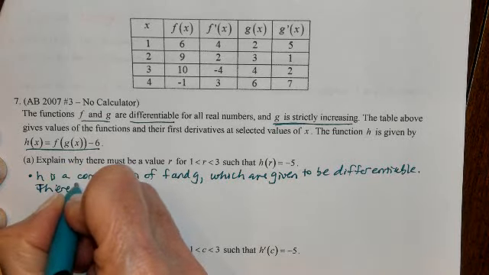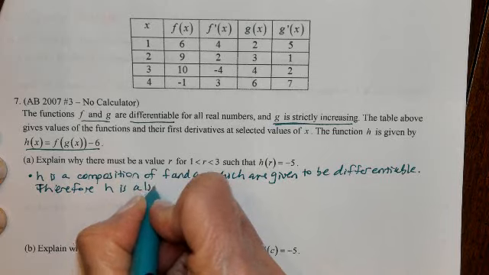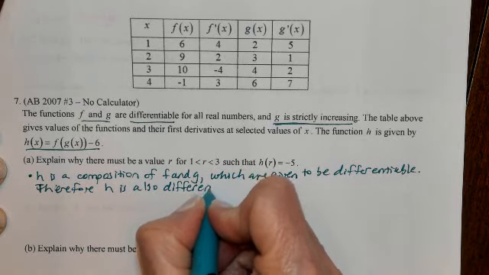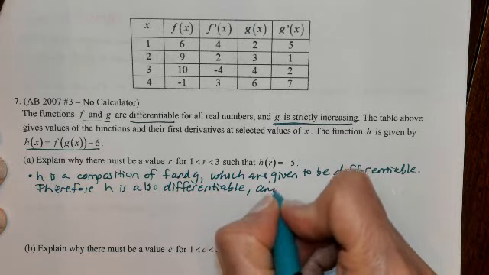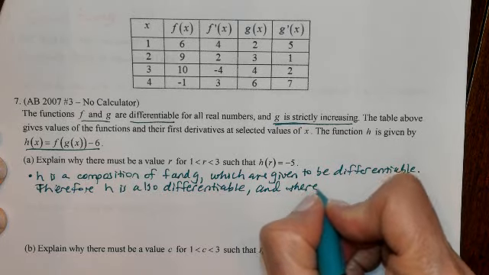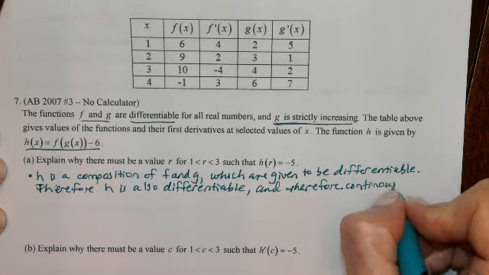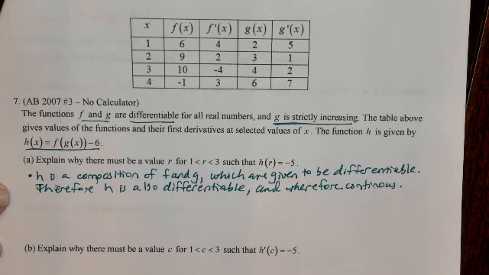Therefore, h is also differentiable. And therefore continuous. And of course you can word that differently, but get your point across. State why in an intelligent way, state why h has to be continuous.